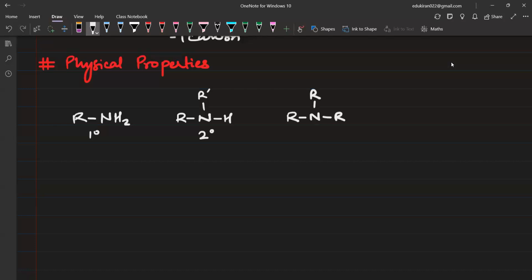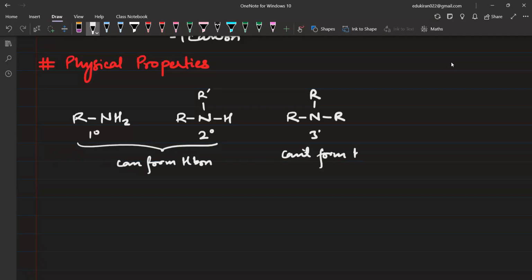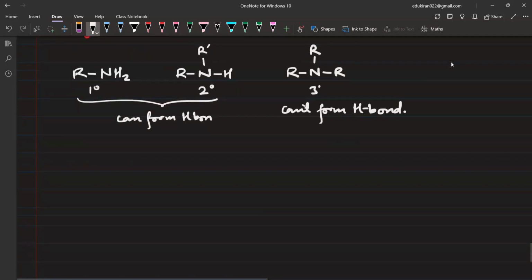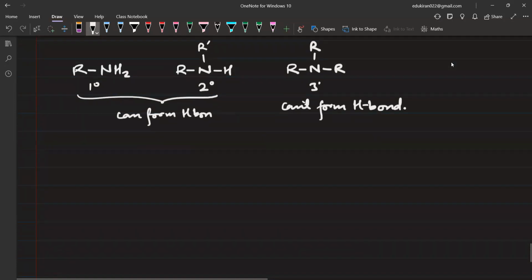That is why it cannot take part in hydrogen bond formation. So these two can form hydrogen bond, 3 degree cannot form hydrogen bond. Okay, now this is one of the most important factors which affect the different physical properties.